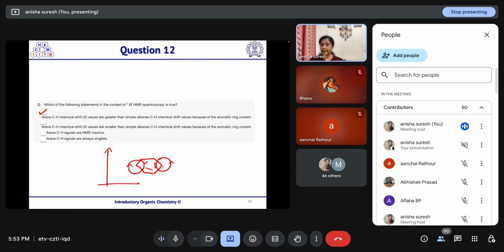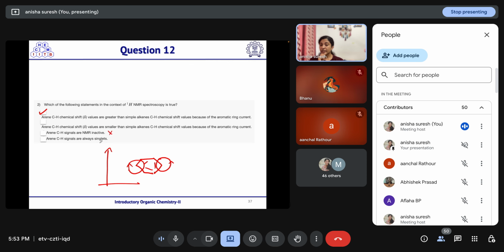So in the case of arenes, because of the ring currents, they require lesser frequency to resonate compared to alkenes. In the case of alkenes, there is no ring current as in arenes. So because of this, the chemical shift values of arenes are higher compared to simple alkenes. The statement that arene CH signals are NMR inactive is false.